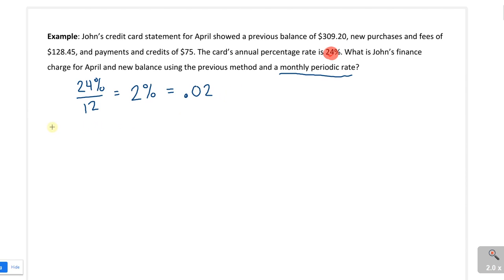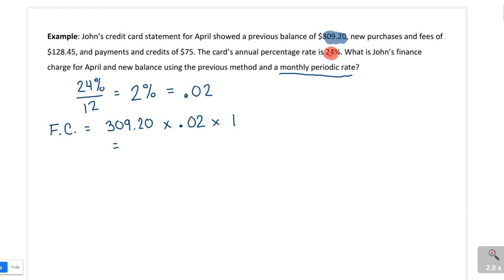So now we need to find our finance charge. We're going to take the previous balance, $309.20, multiply it by our periodic rate, multiply it by the number of periods, which is 1.